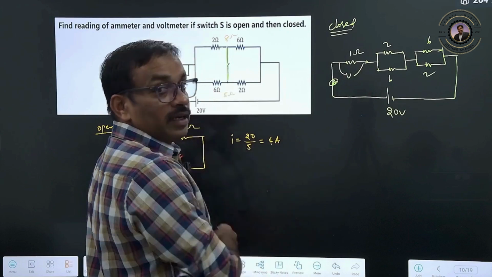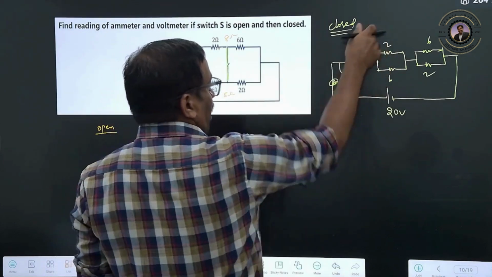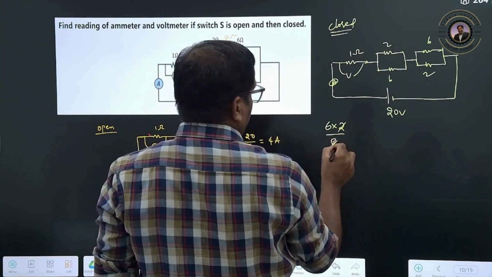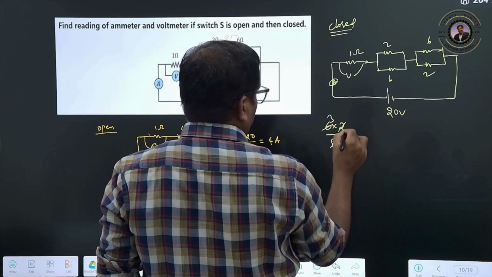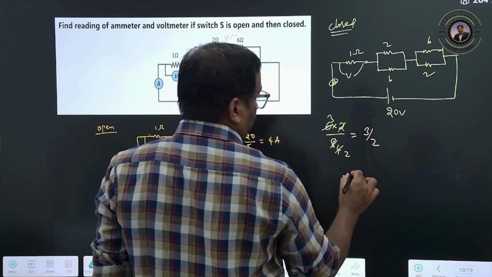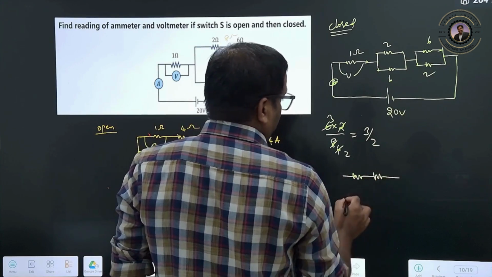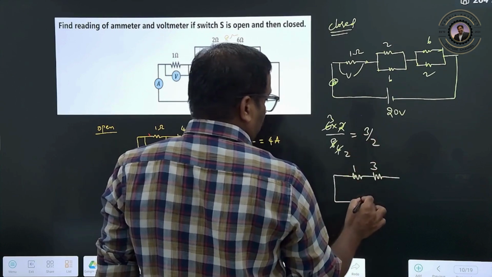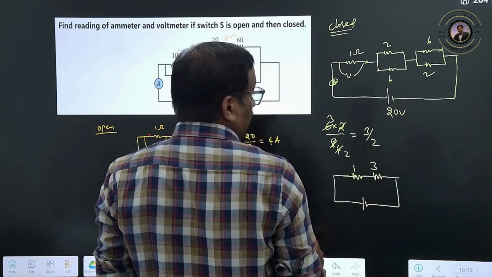First let us calculate this. These two are in parallel, so 6 into 2 by 8, which is 3 by 2, and 3 by 2. Then this is a 1, so 3 by 2 plus 3 by 2 is 3, plus 1 gives 4.